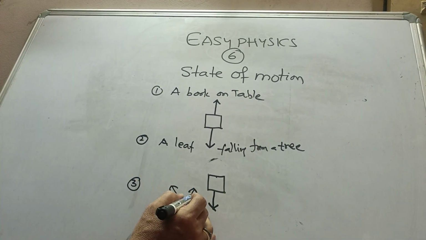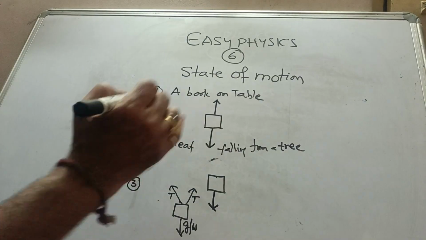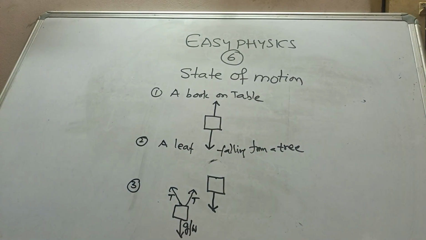So this is the tension, this is the tension, and of course this is G, or rather we can say W. So the free body diagram is a representation that enables us to understand what forces are acting on the object and what its exact state is when these forces are acting on it. It may be at rest, or in motion, uniform or non-uniform.